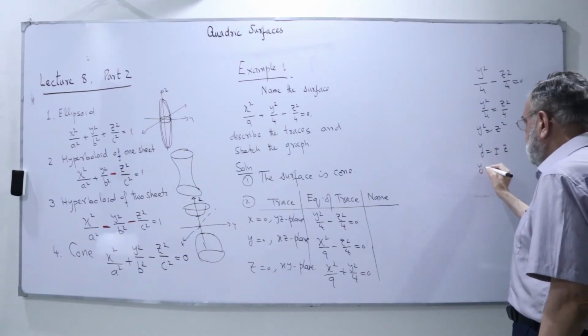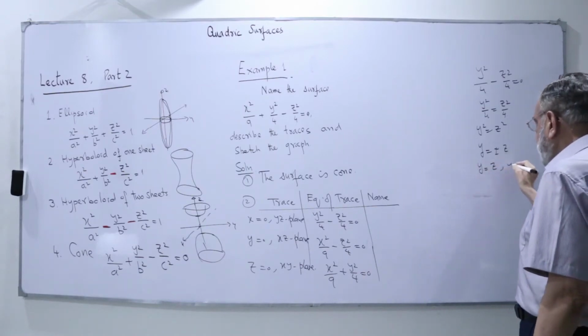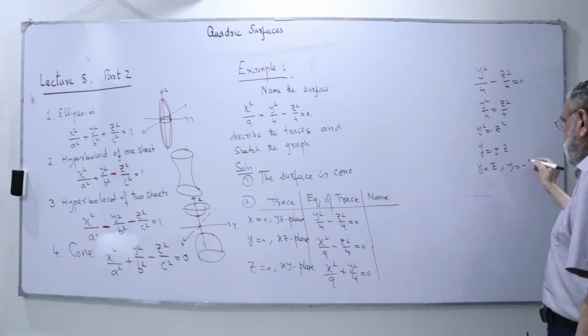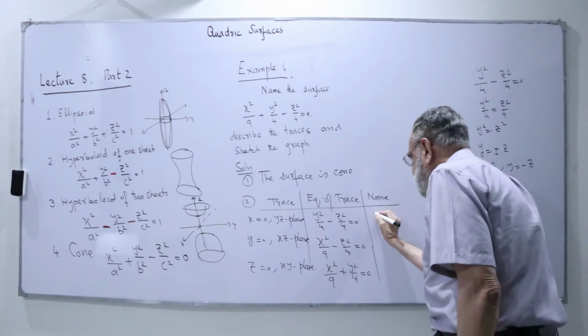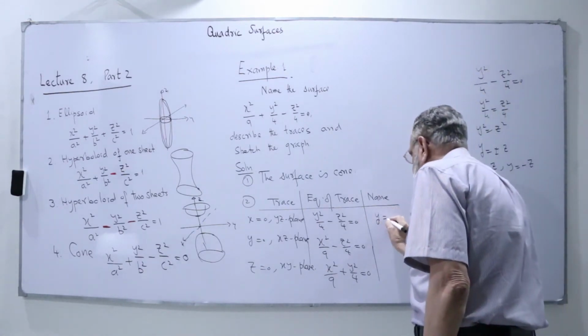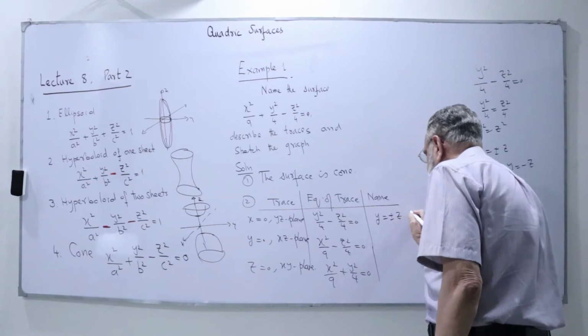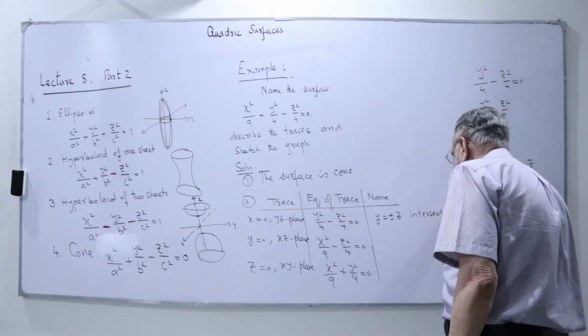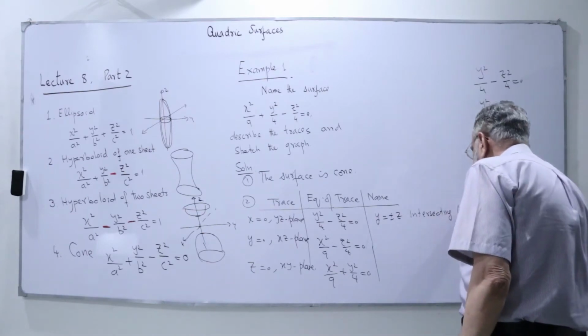That's y is equal to plus z, and y equal to minus z. In the yz plane, we can see that these are our intersecting lines. So we say this represents our lines y is equal to plus minus z, and these are our intersecting lines. So we get here two lines, they are intersecting each other.